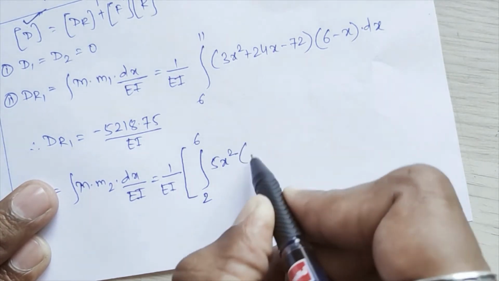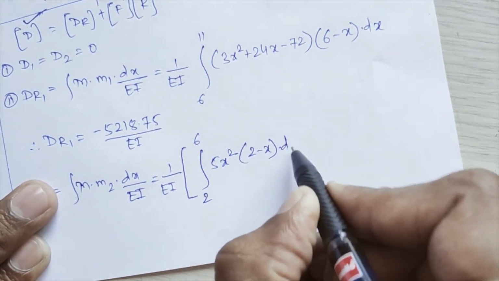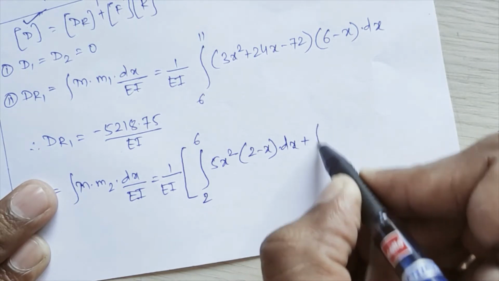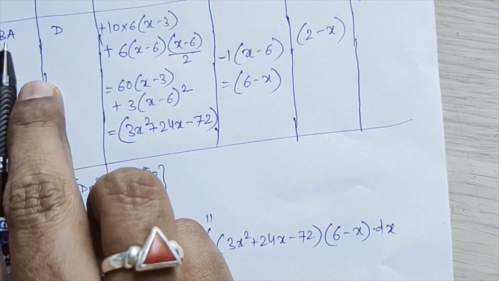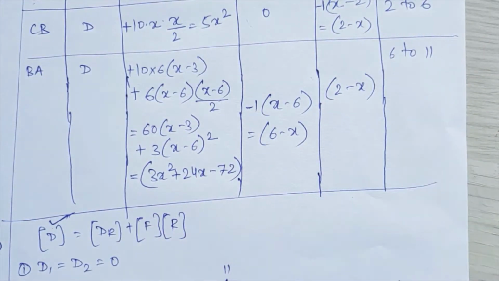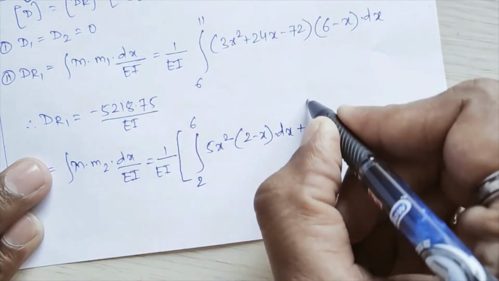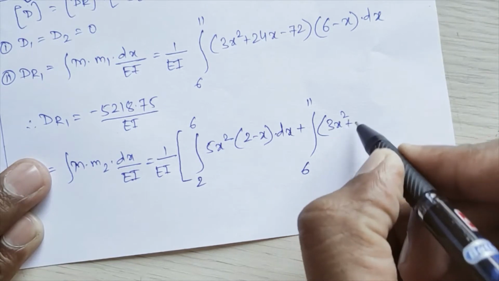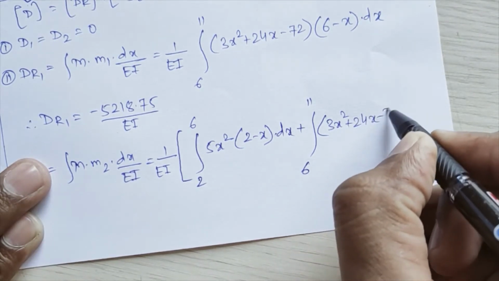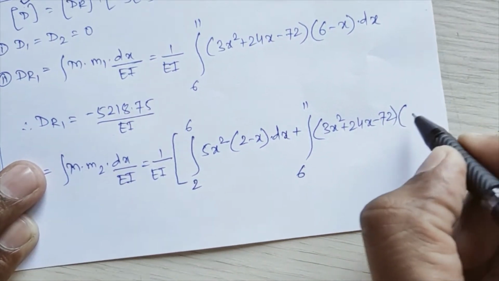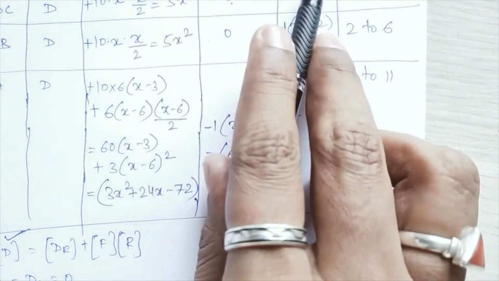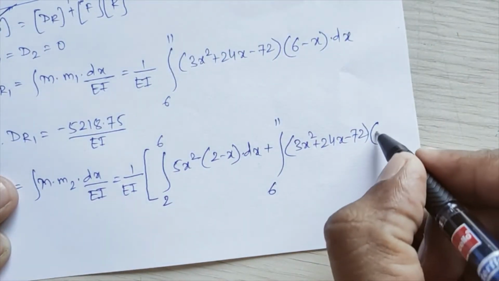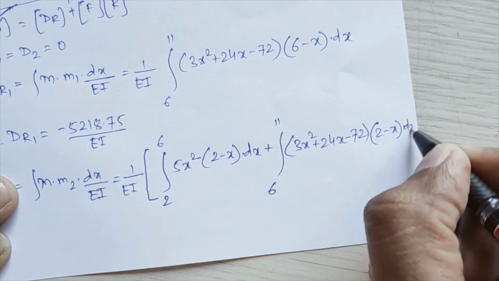5x square into 2 minus x into dx, plus for the third portion, that is BA, you have integration limits 6 to 11, and the m value is 3x square plus 24x minus 72 into your m2 value, that is again 2 minus x, into dx.